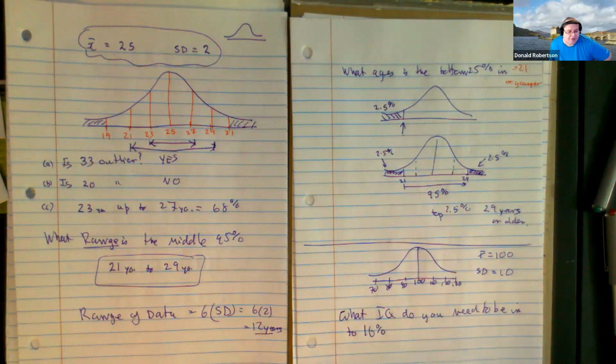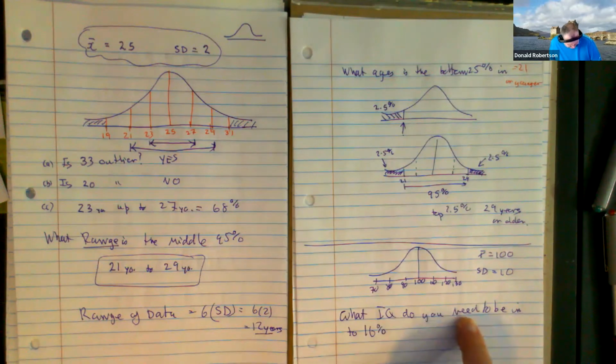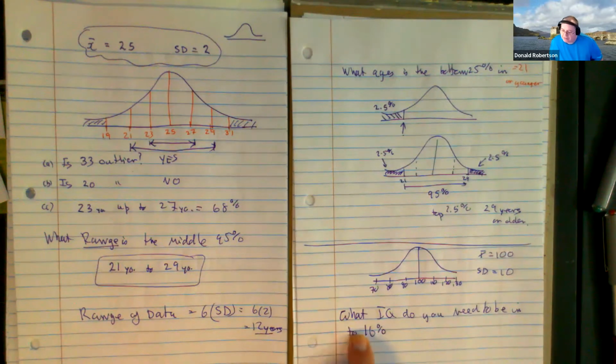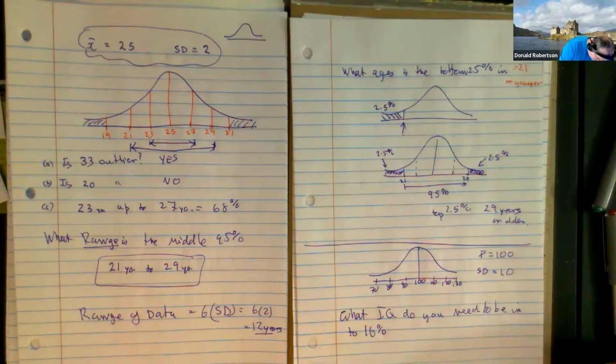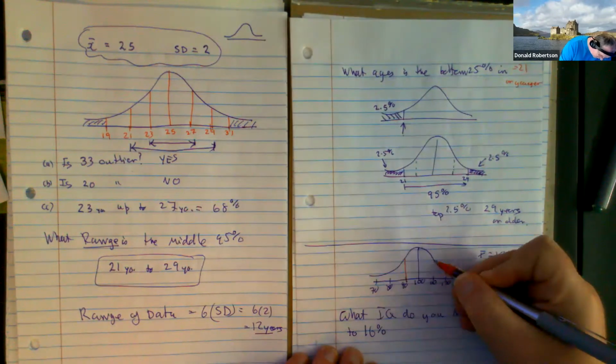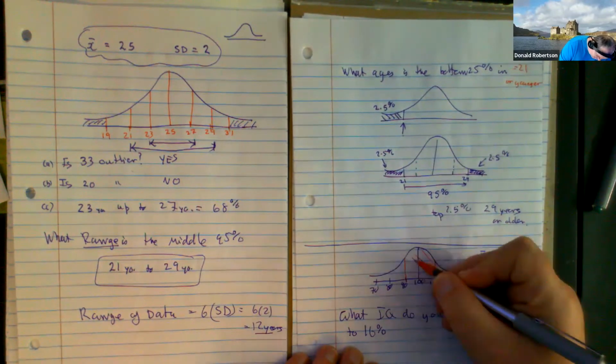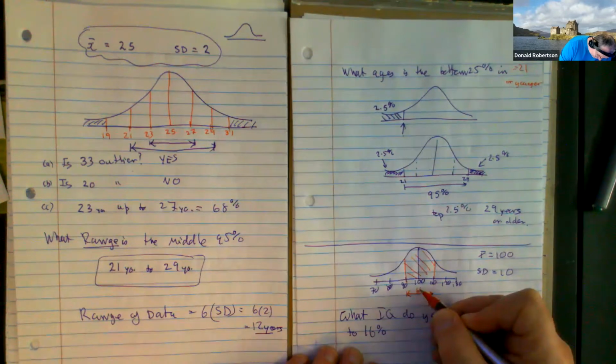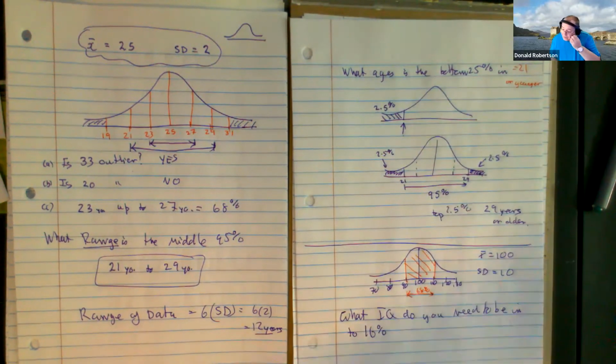Let me check that. Yeah. So the question is, what's your IQ if you want to be in the top 16%? Now, if you do 1 standard deviation away from the mean, isn't that the middle 68%? Agreed? That's what I'm going to start with.